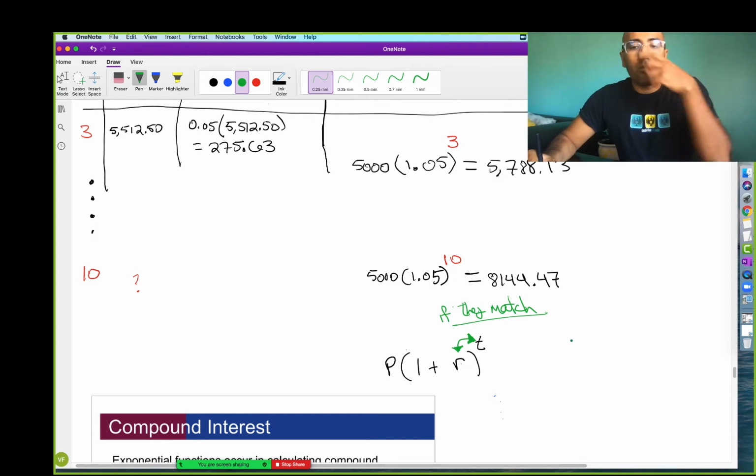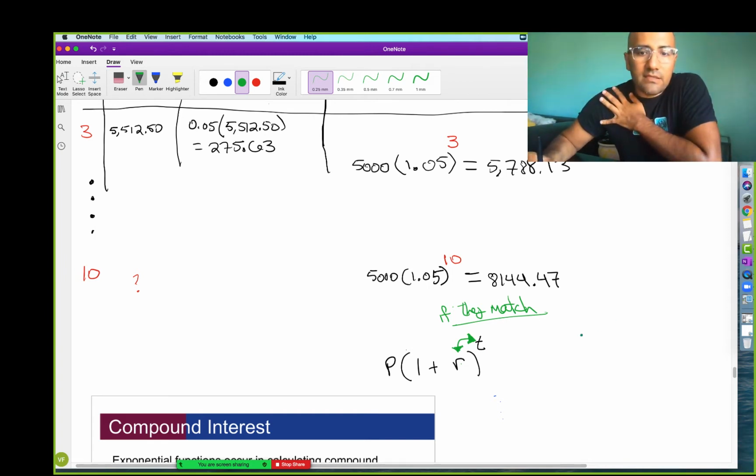For example, if the t value is given in months, then we take the r value, which is per year, and divide it by the number of months in a year, where there are 12.